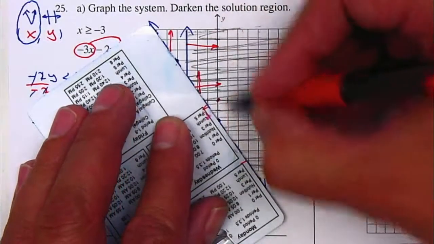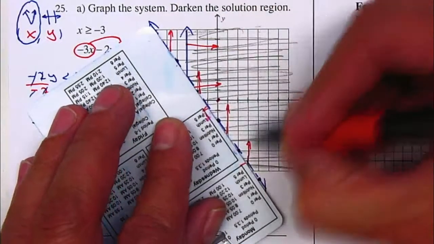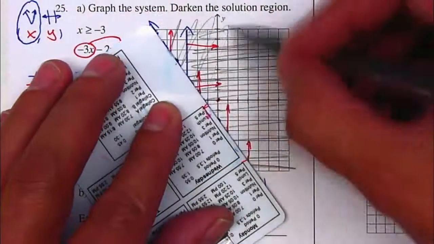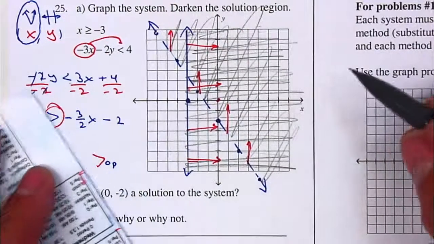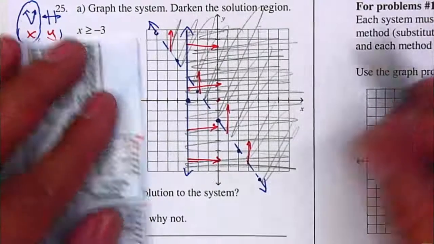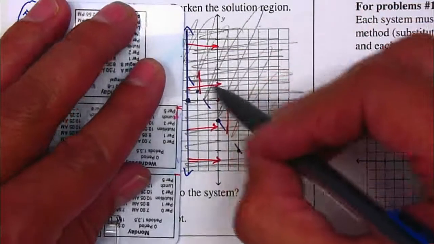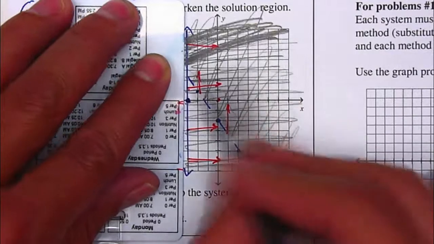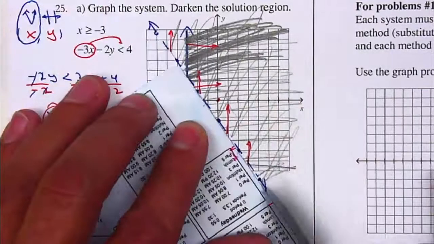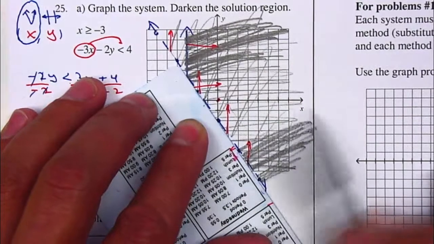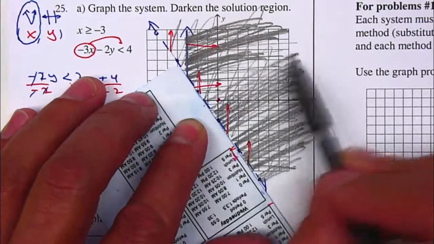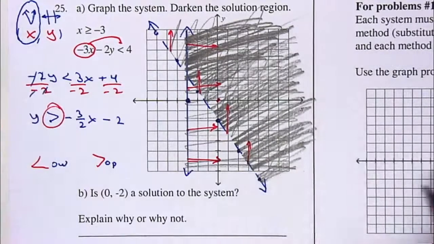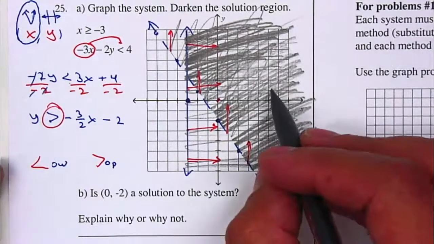I'm going to place up arrows, and I'm going to shade that section. Now notice that both inequalities are going to overlap in this section right here. So I'm just going to make it darker. And those are the solutions.